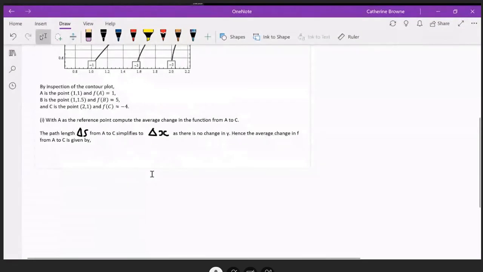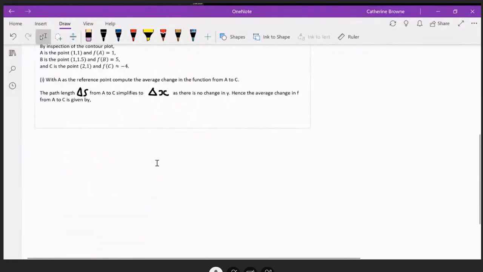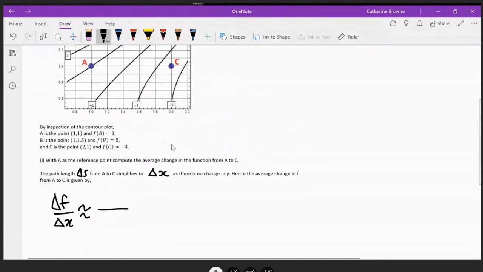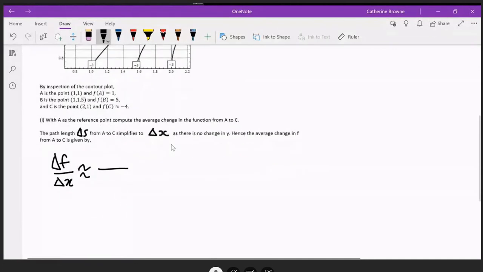So the average change in F from A to C is given by the change in F over the change in X. If it was changing in Y as well, it would have been the change in S, the path length. And so at C, the function is minus 4.